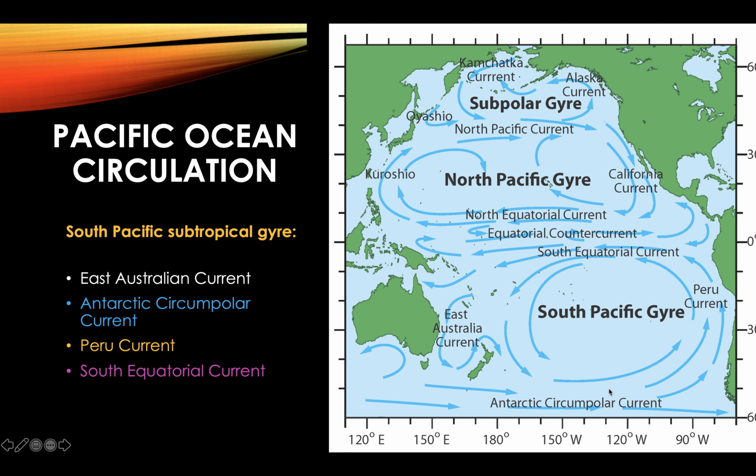So which current in the South Pacific gyre would you expect to be the warm water current? Did you say the East Australian current? Well, good job. The Peru current is a cold ocean current, so it contributes to a dry climate on the west coast of South America.